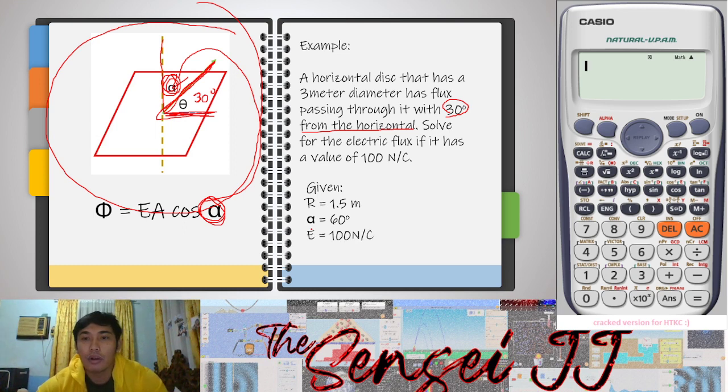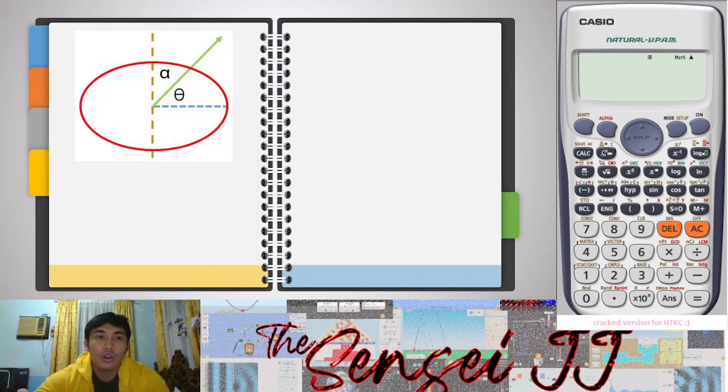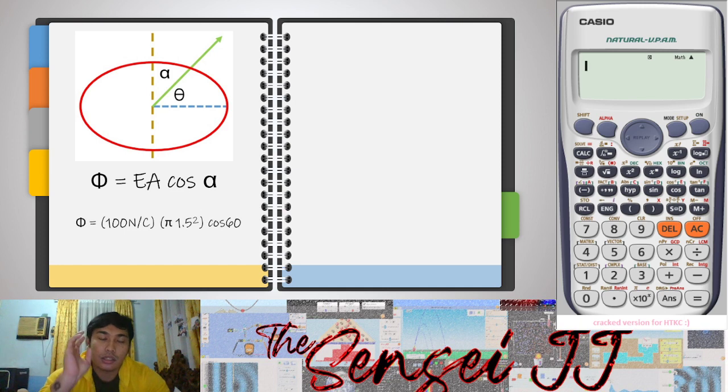And we have our electric field of 100 newtons per coulomb. Okay, so for the solution, yes, this is the drawing. This is the electrical drawing, or the imaginative drawing, of our problem. So we have here the radius of 1.5.